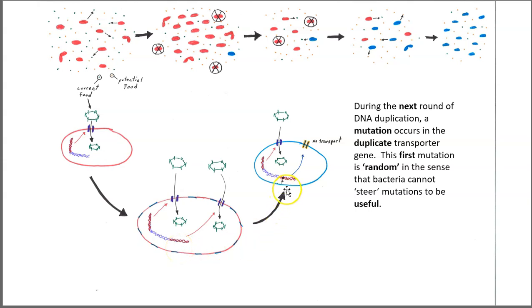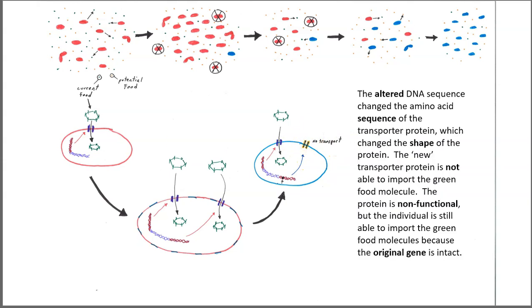No. These are random errors during DNA duplication. But in this case, the sequence was changed in this particular gene, and we're going to see it had an effect on the corresponding protein. So the altered DNA sequence changed the amino acid sequence of the transporter protein, which changed the shape of the protein.